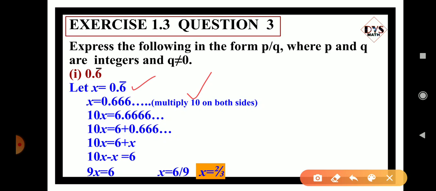You have to split it so that the other number is obtained as the previous one, x. So this can be written as 6 plus x.